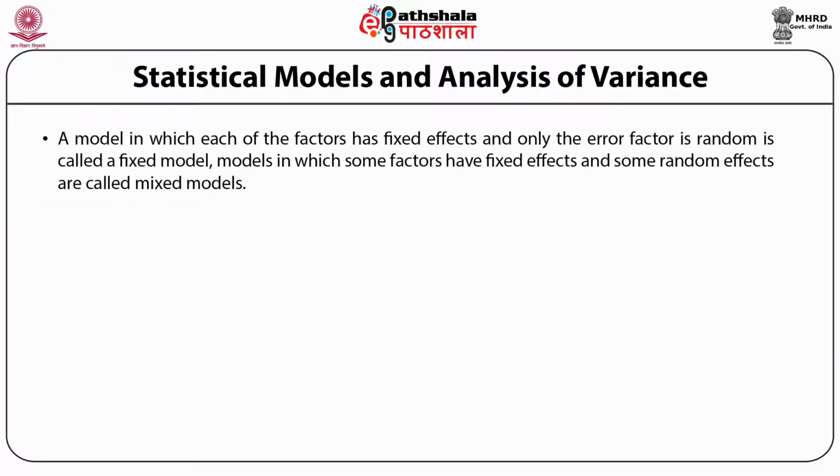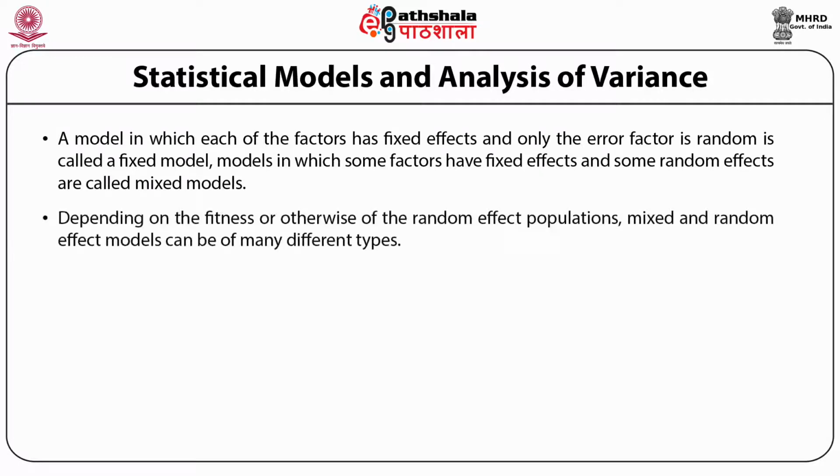A model in which each of the factors has fixed effects and only the error factor is random is called a fixed model. Models in which some factors have fixed effects and some random effects are called mixed models. Again, models where all the factors have random effects are called random models.